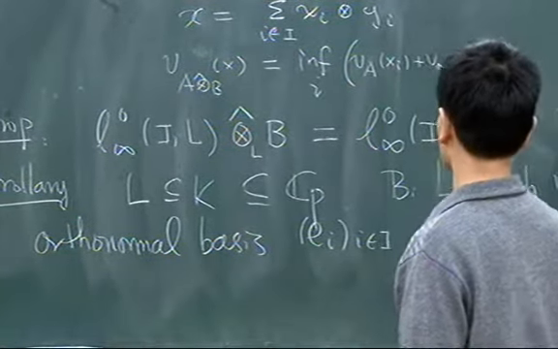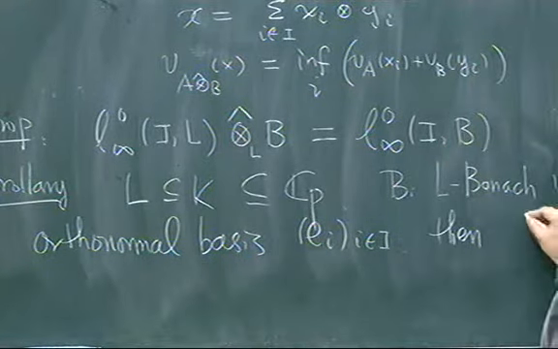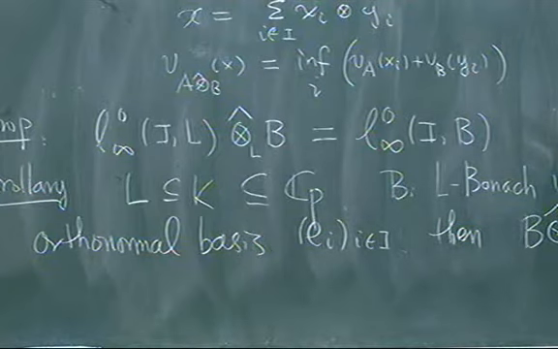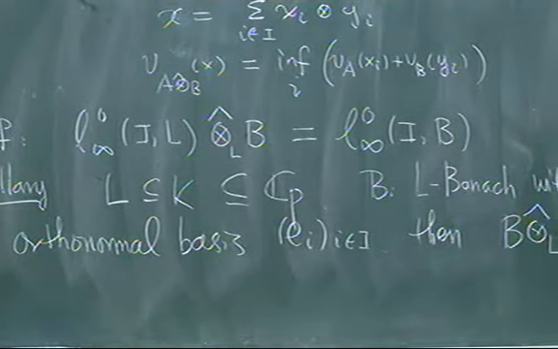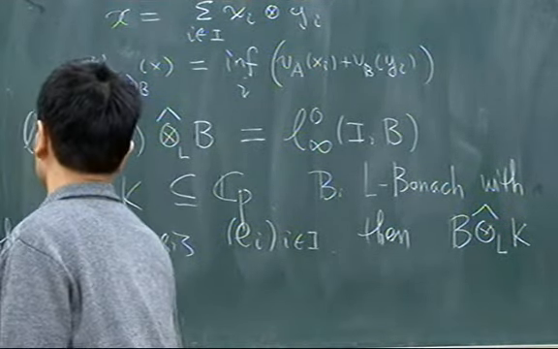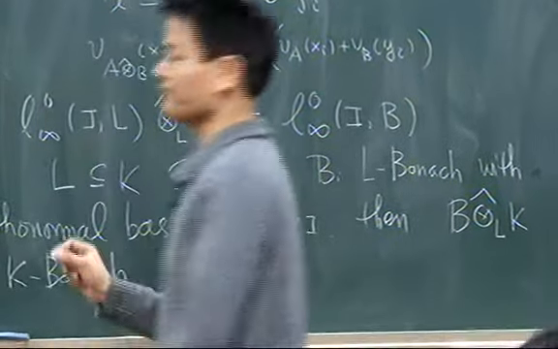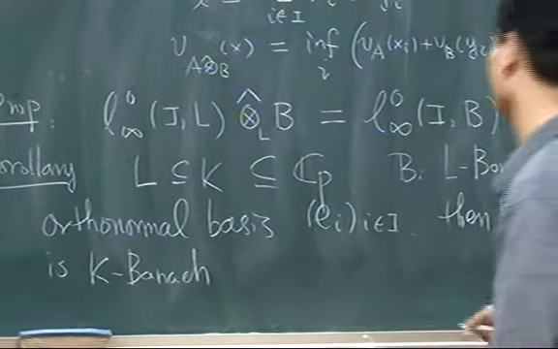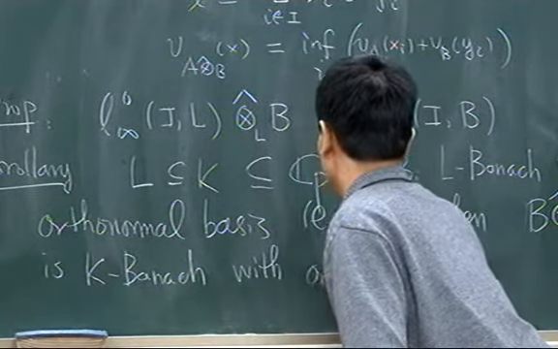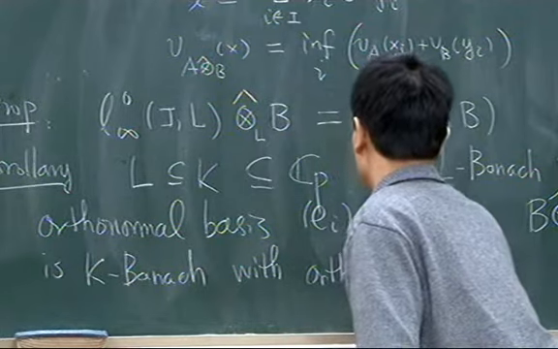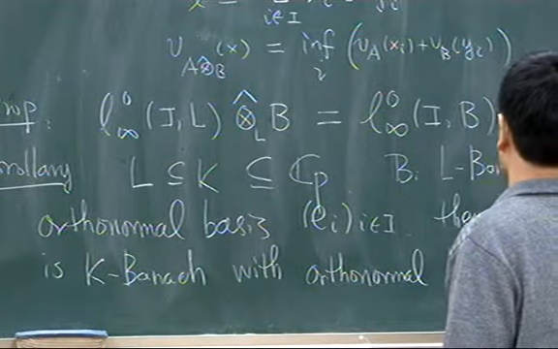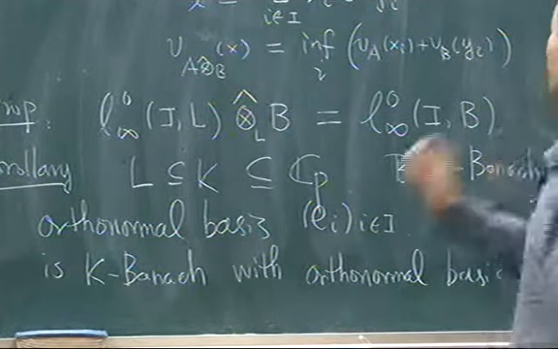Then you can take this and extend it. So this is a K-Banach space, a K-vector space instead of an L-vector space, and it has the same orthonormal basis.